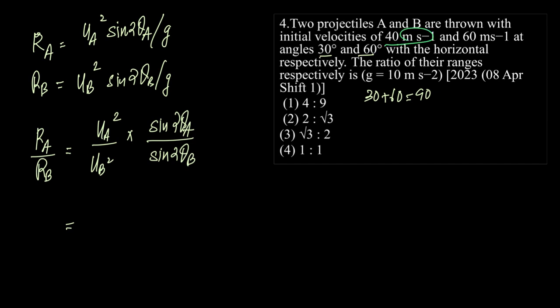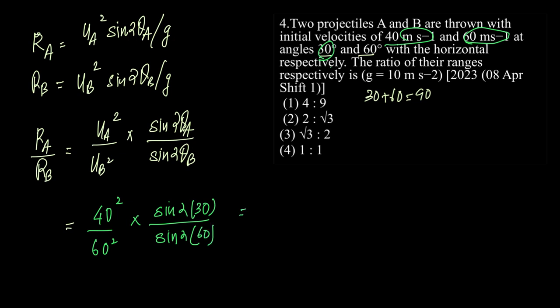UA is 40 meter per second. So we have 40 square upon, what is UB? It is 60 meter per second. So we have 60 square times sine 2 theta A. Theta A is given to be 30. So it is sine 2 into 30 the whole upon sine 2 into 60.